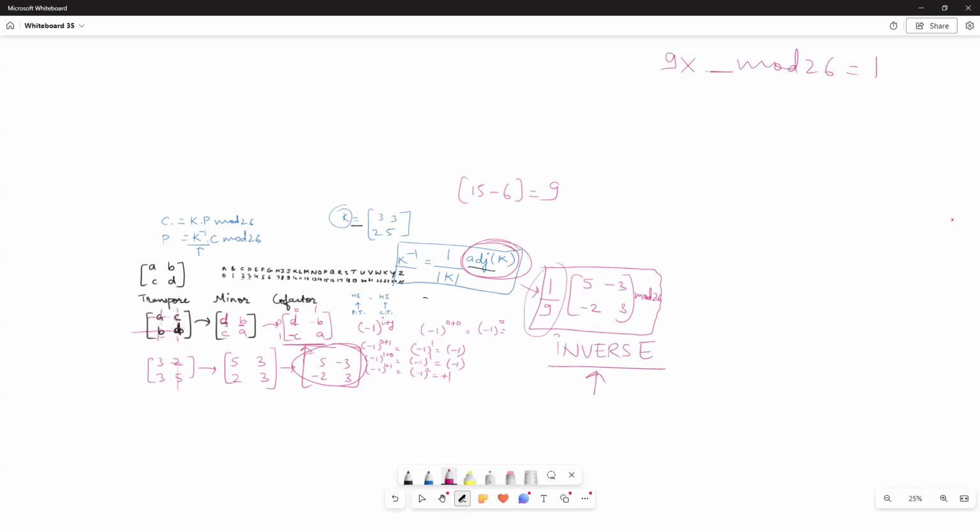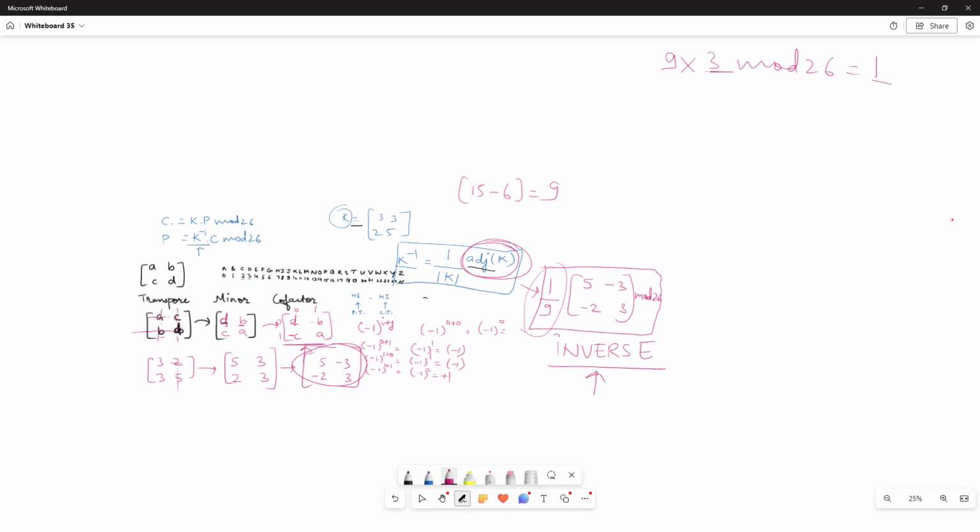Can anyone tell me what that value would be? What should I multiply with 9 so that under mod 26 it would give me 1? 3. Yes. So 9 times 3 mod 26 would give me 1.